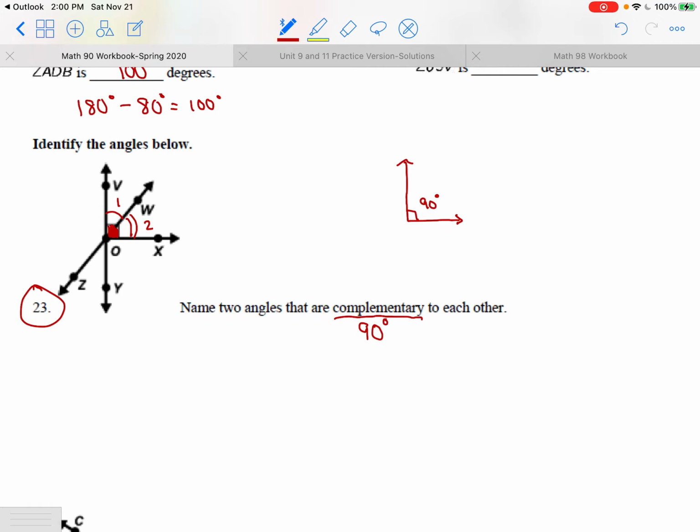But we do know that if we're asked to find two angles that are complementary to each other, then we can just say, okay, yeah, angle VOW and angle WOX are complementary to each other. And we know we have to keep that O in the middle, don't we? Because that right there is the vertex of both of those rays.